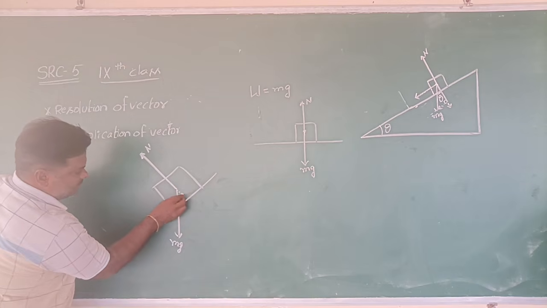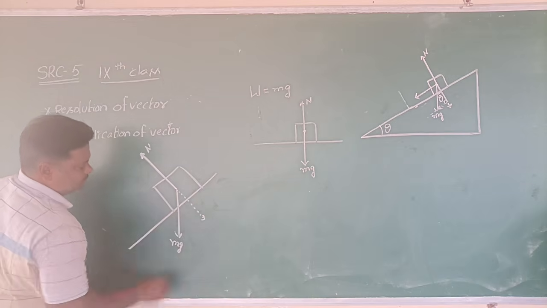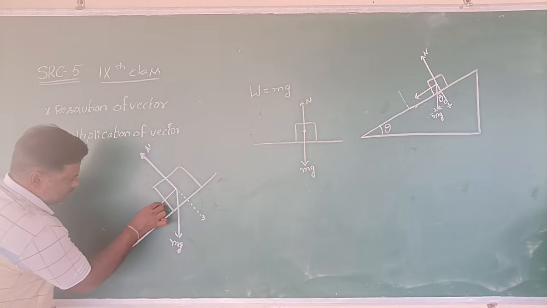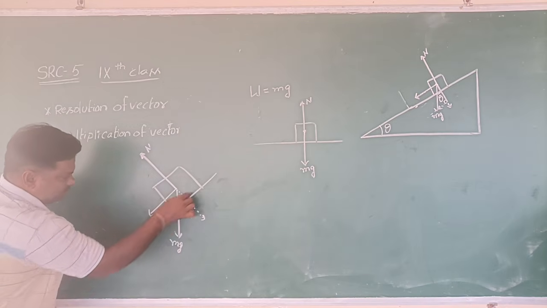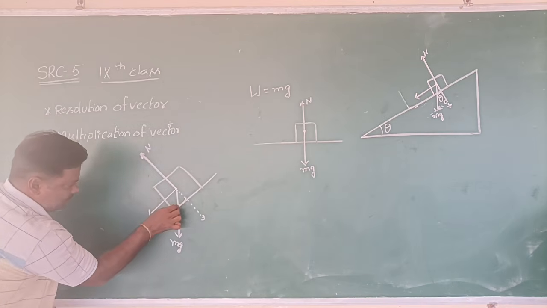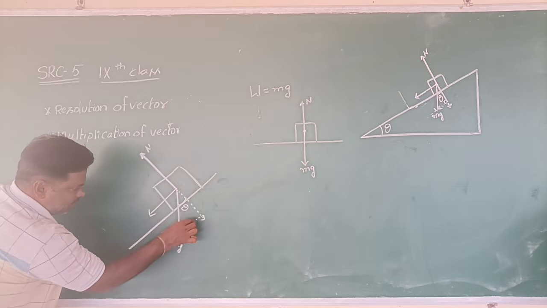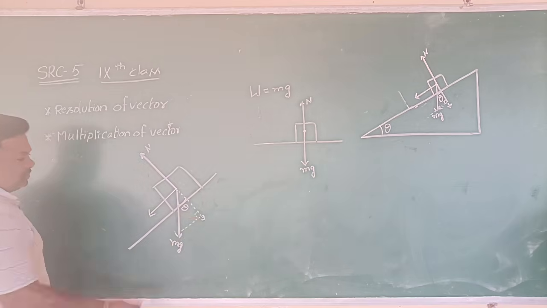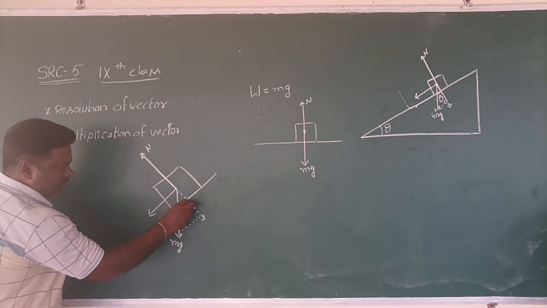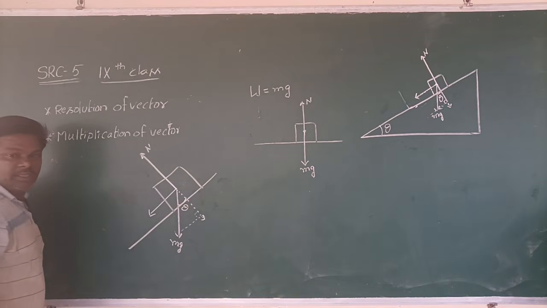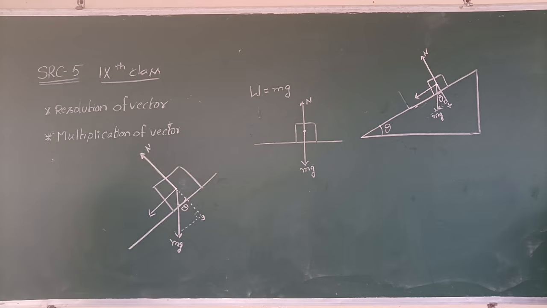Normal is extended like this, and this is a horizontal line to the inclined surface, and here is the angle made by this one. The same line I am drawing here. To get a right angle triangle, just shift it. If I get a right angle triangle, then I can resolve. That's why I am drawing this. You can draw on camera.